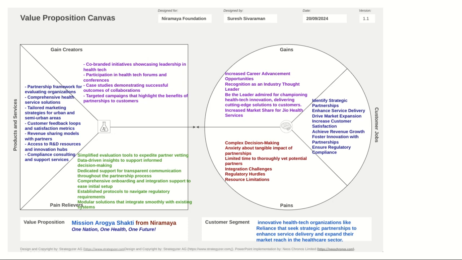Like if she manages to scale up the operations and the reach and the success of Reliance Health, Jio Health Hub, as a VP, she's currently a VP. So if she manages to do that, maybe organic growth or through partnerships with organizations like Niramaya, Gayatri could look forward to a career advancement.